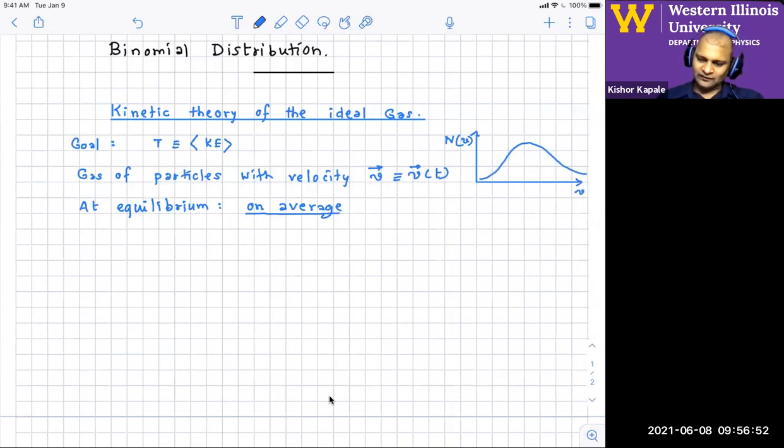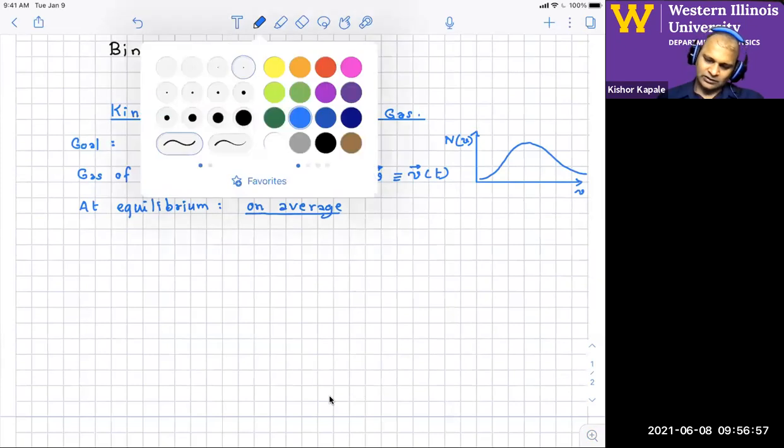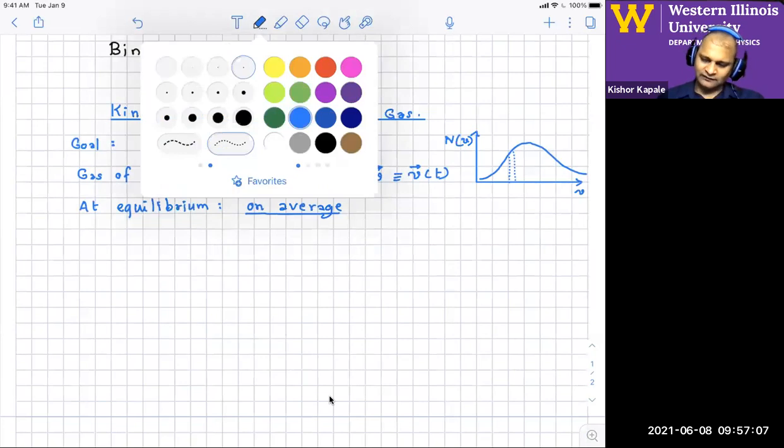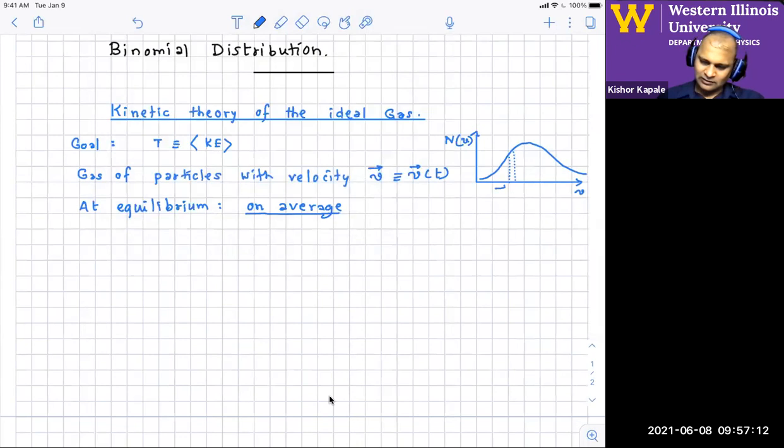But if you take a look at, for example, a tiny section of this that has the width of, let's say, dv, right? Now, when I drew this graph, I am assuming v to be a scalar quantity, which is just one of the directions, but that's not true. We are looking at the three-dimensional velocity vector.